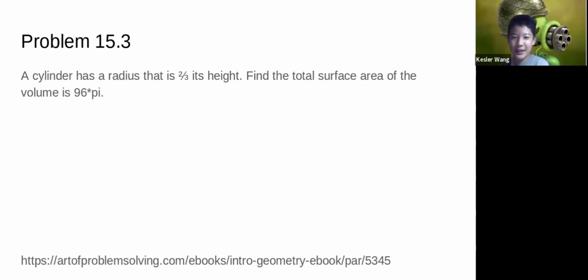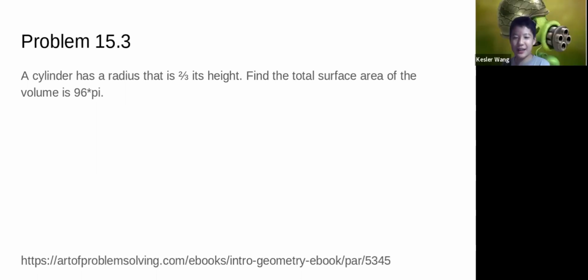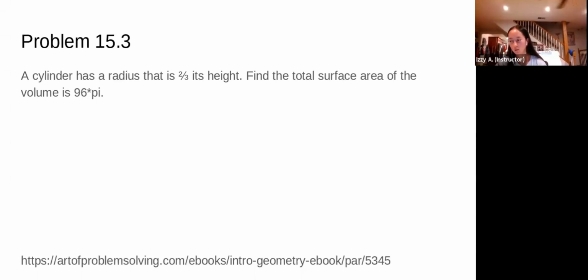I have a suggestion to finding the radius. First, you divide 96 into... let me think about what you're supposed to divide it in. I can give a hint out. What you can do is establish a variable for height, and then you know that the radius is 2/3 of the height.